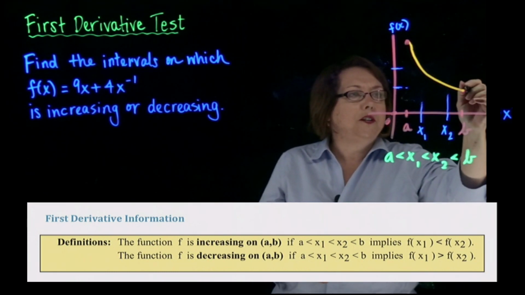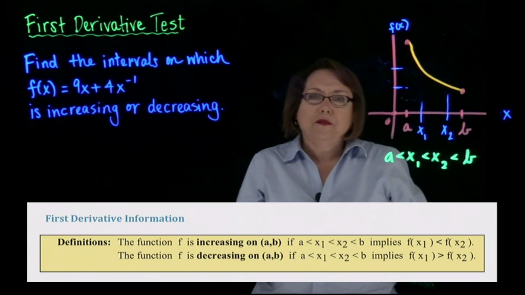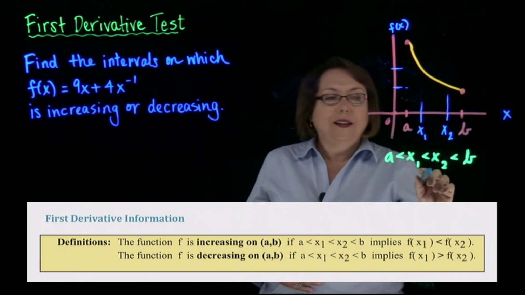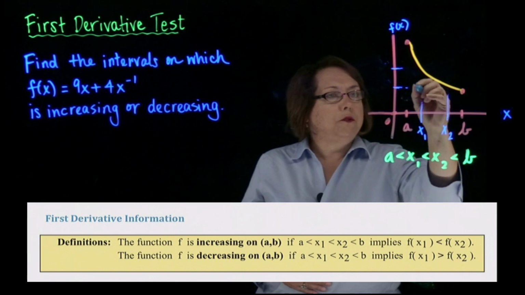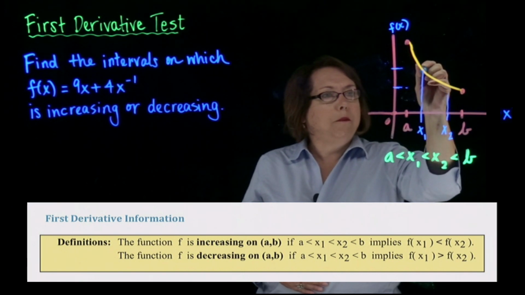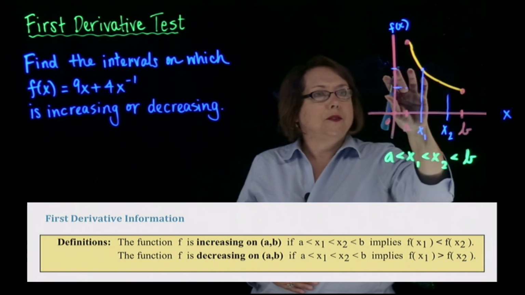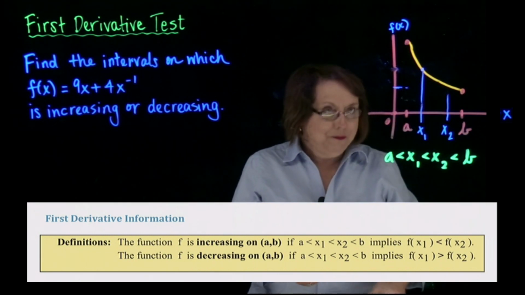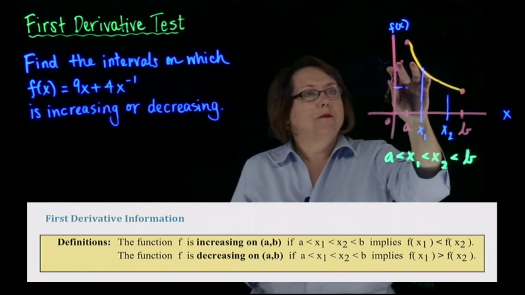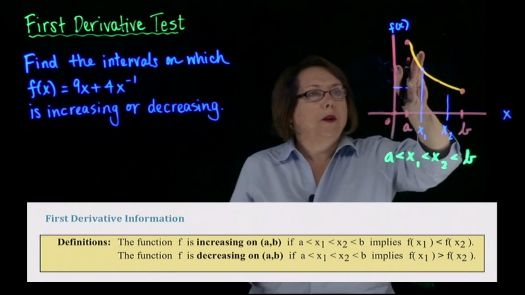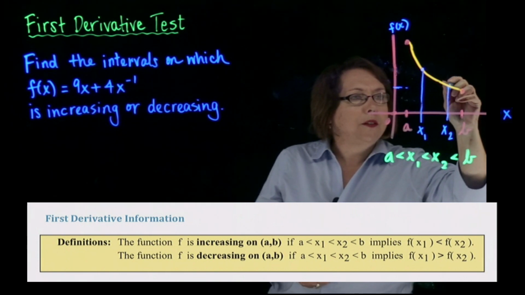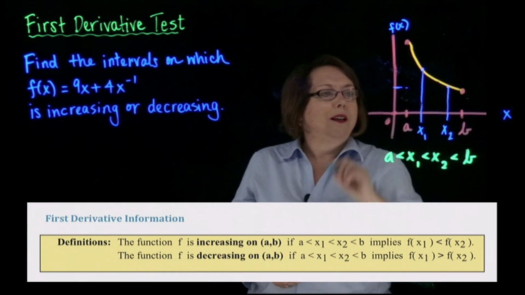So a is where the function starts, b is where the function ends. x sub 1 is smaller than x sub 2, and I'm going to bring x sub 1 up to the graph. So fix my axes over here a little bit. There we go. And x sub 2 will bring that up to the graph too.